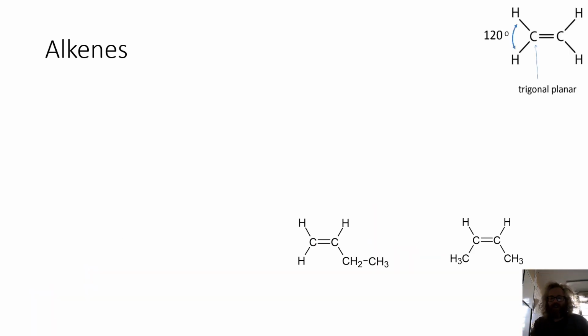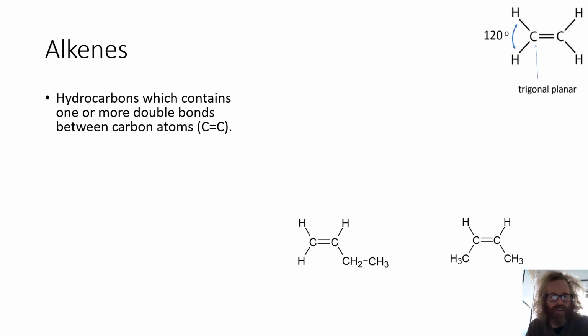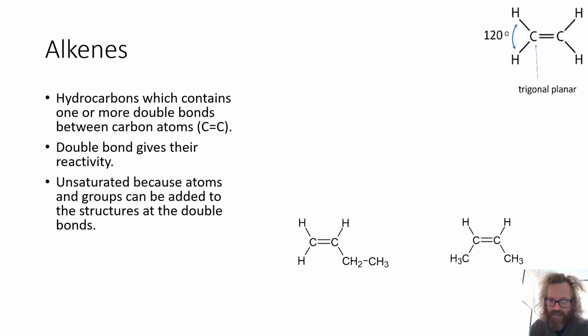Alkenes. Alkenes are hydrocarbons, but these contain at least one double bond between 2 carbons. And it's the double bond that gives their reactivity. They are known as unsaturated because you can add things to this double bond.